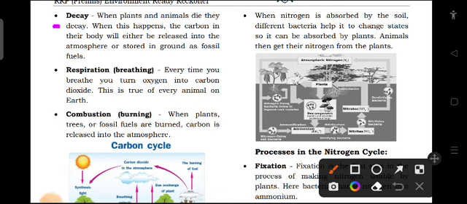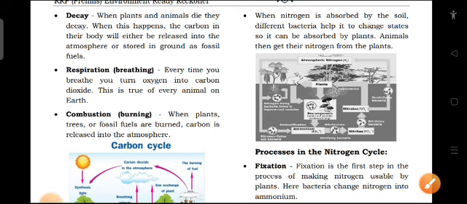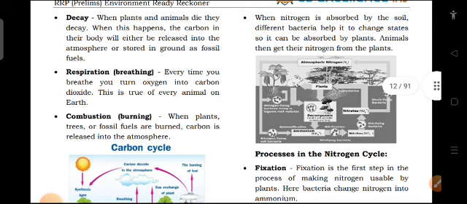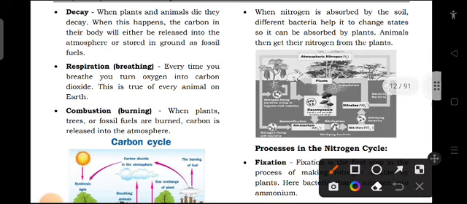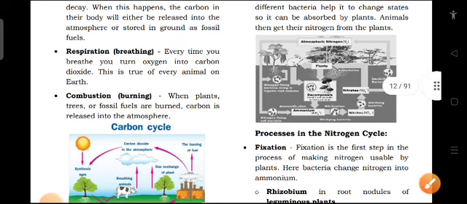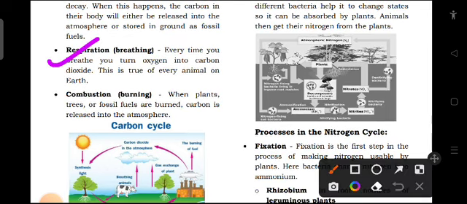First step is decay. When plants and animals die, they decay. When this happens, the carbon in their body will either be released into the atmosphere or it will be stored in the ground as fossil fuel. This is how it goes back to the atmosphere. Then the next process is respiration, that is breathing.